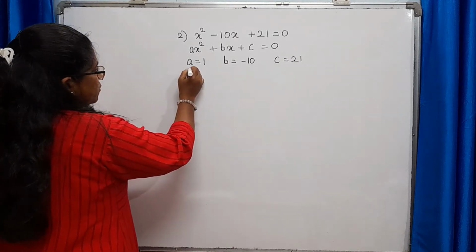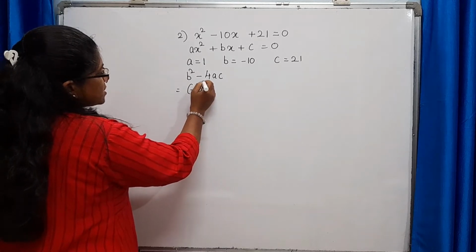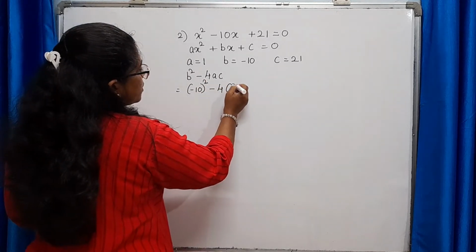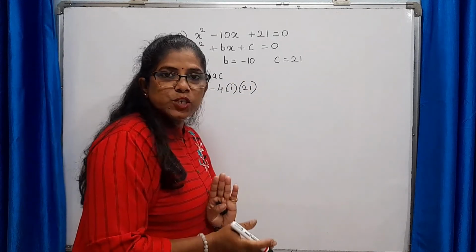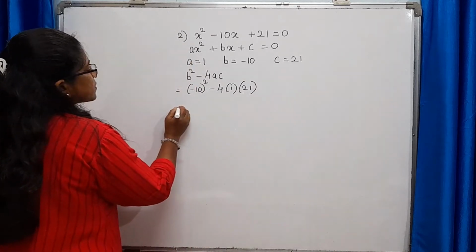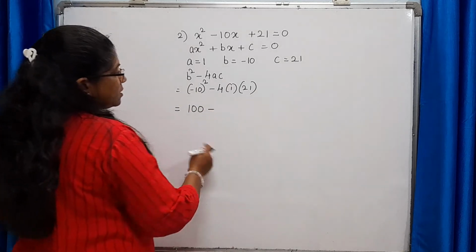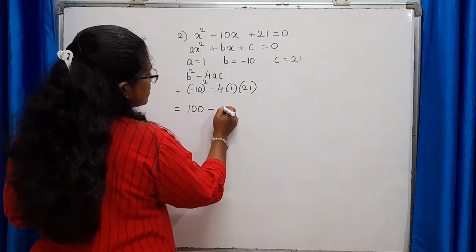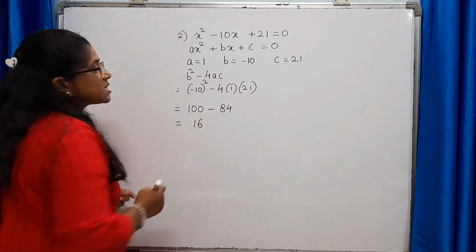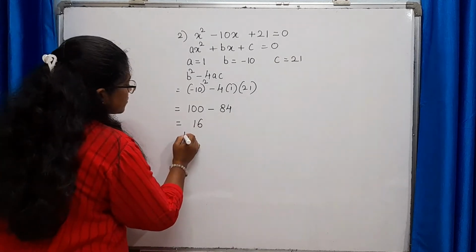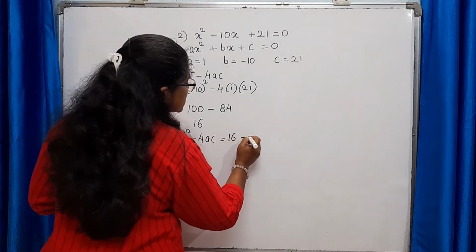Let us find the value of b square minus 4ac. Minus 10 square minus 4 into 1 into 21. We substituted the values of a, b and c. Minus 10 square is 100, minus 4 ones are 4 into 21 is 84. 100 minus 84 is 16. Now here b square minus 4ac is equal to 16.